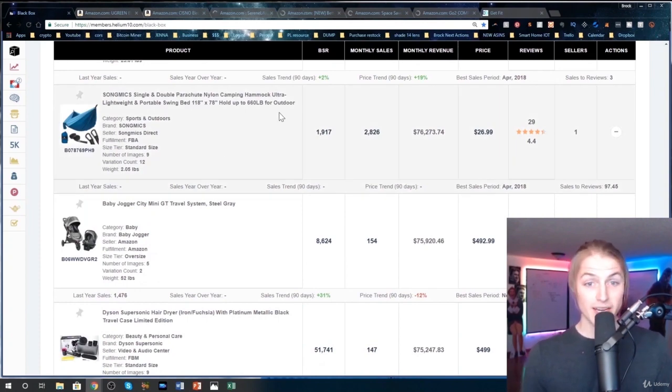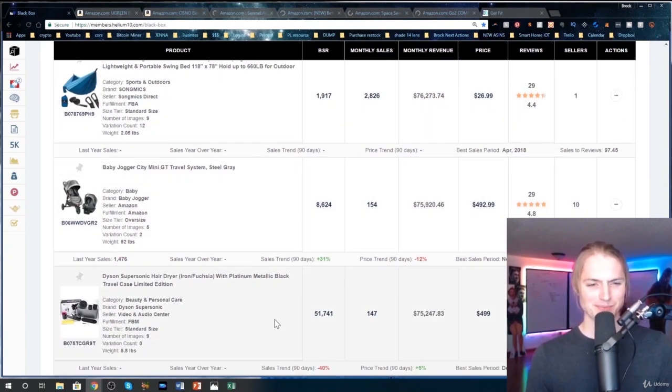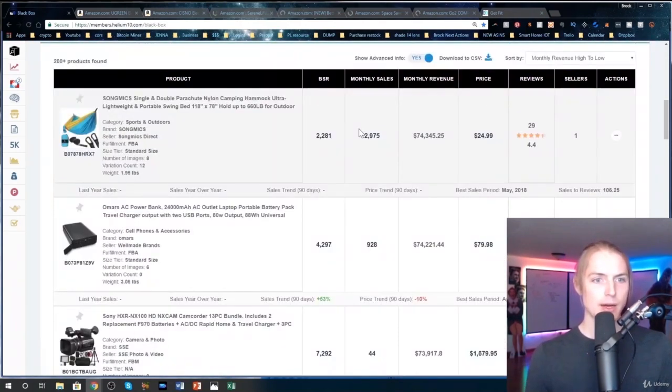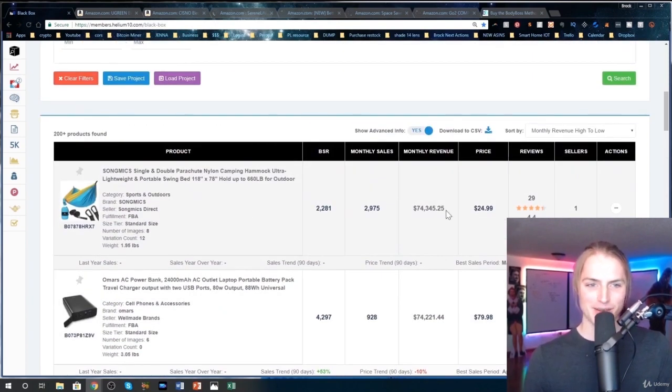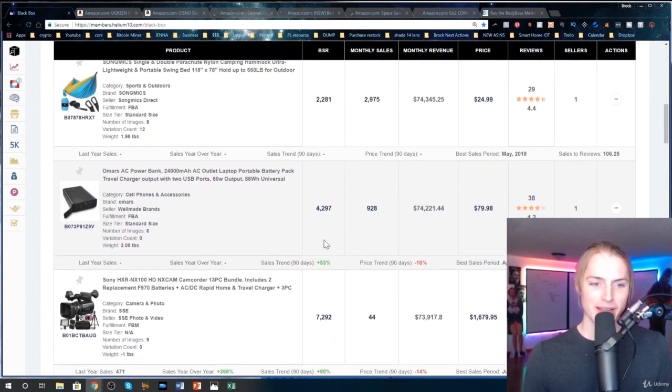Okay, well then right here we have hammock, stroller, and then hair dryer. Those all have liability with them, so I'm going to skip those. Or just a hammock doesn't have liability, but I don't know. That's not me. That's just not me. A lot of people want to get into selling hammocks and stuff, so maybe you guys could do it. I don't particularly like that.